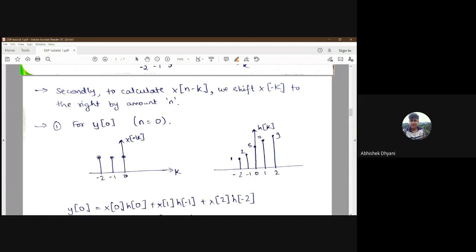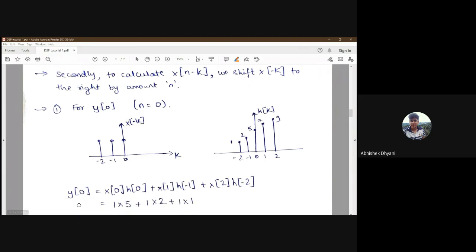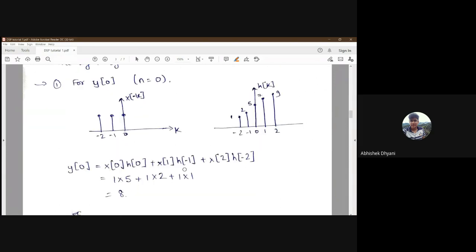And then x[2], this one, with h[minus 2], which is 1. Once we multiply all these impulses, we can add them to obtain y at 0, which is 1 into 5 plus 1 into 2 plus 1 into 1, and that is equal to 8.